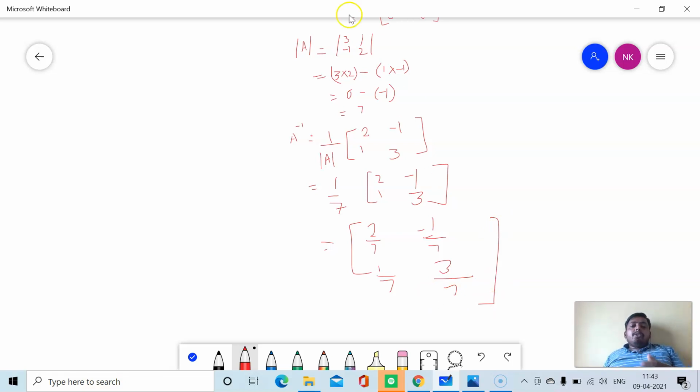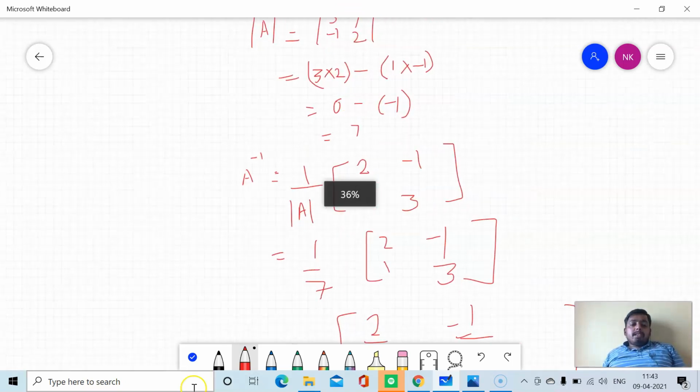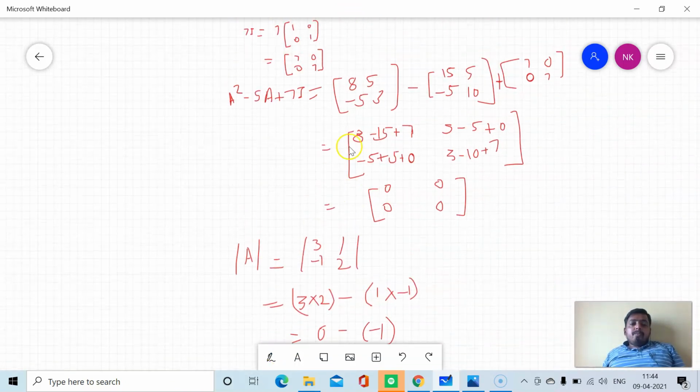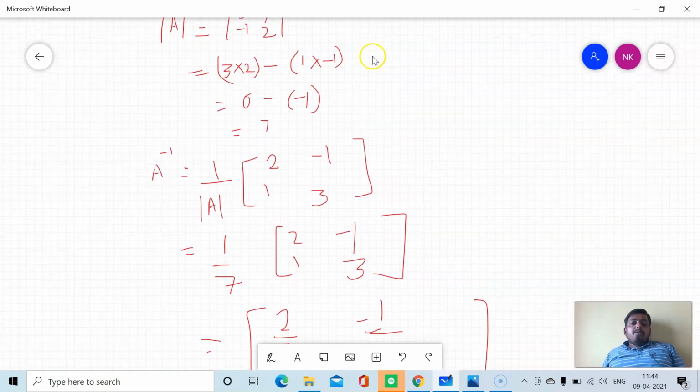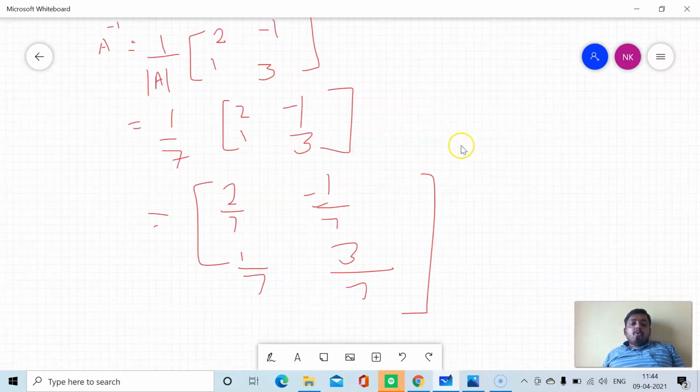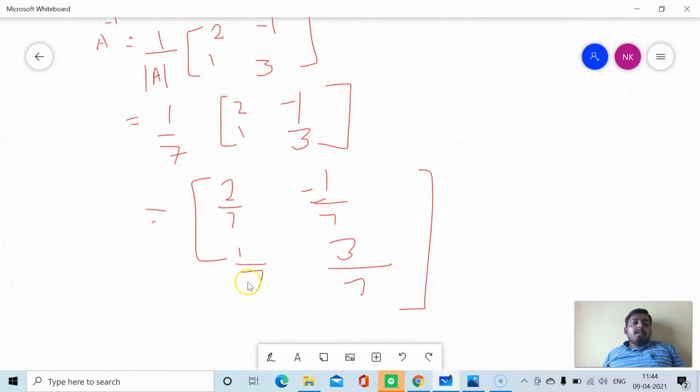We have proved A square minus 5A plus 7I is equal to 0, and also we have found A inverse as 2 upon 7, minus 1 upon 7, 1 upon 7 and 3 upon 7. Hope this solves your doubt and answers the question. Thank you very much.